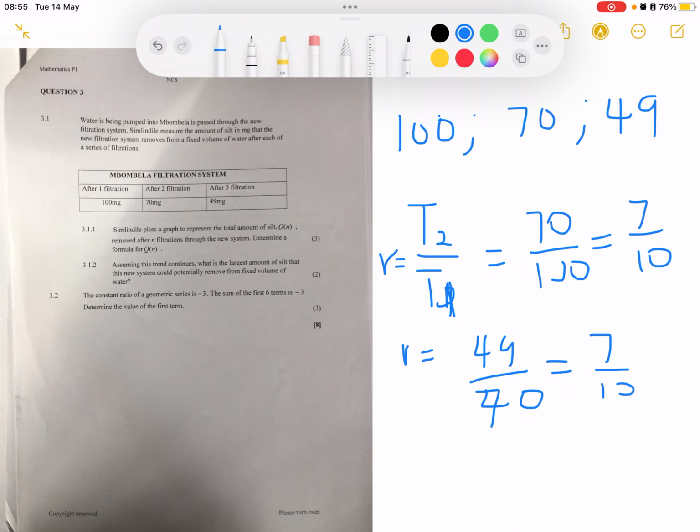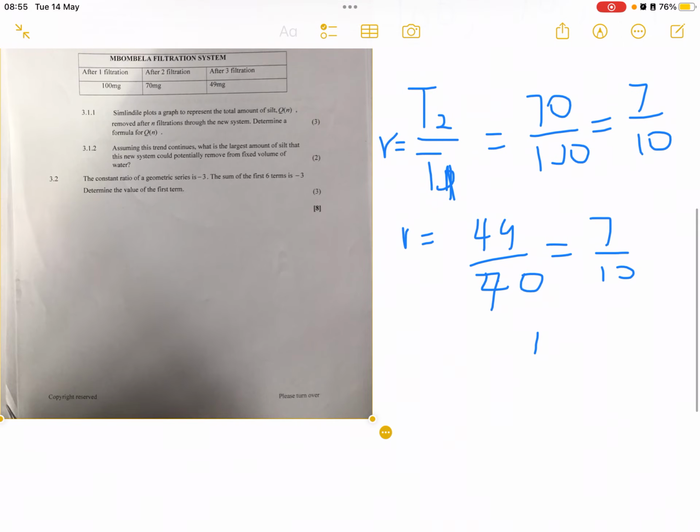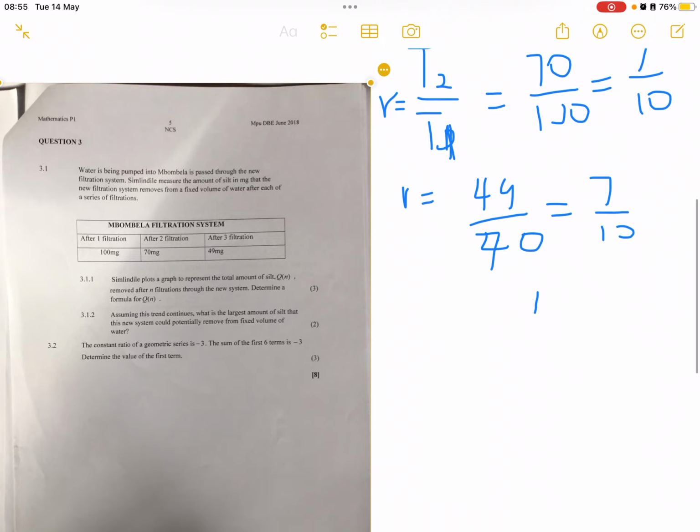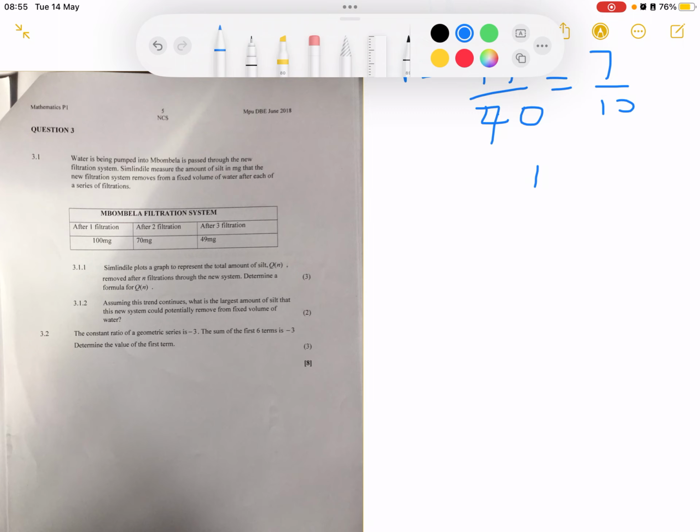Now, to determine Simlindile's formula for Q of n, we need to use the formula for the sum of a geometric sequence, which is given by Sn is equal to a. But first, we've calculated our r value, and our r value is less than 1.